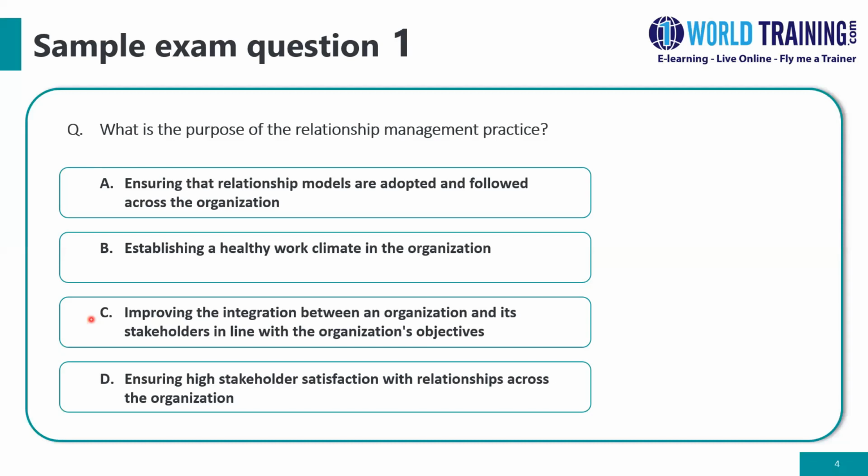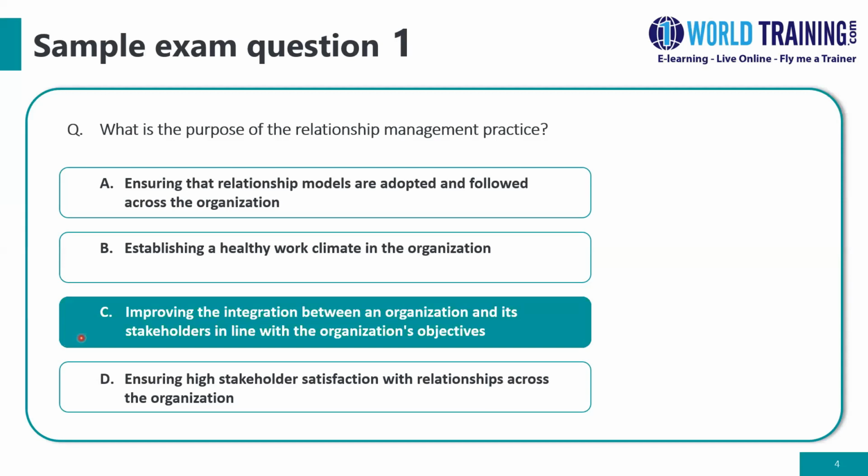And the organization's objectives in this option imply the strategic level of functioning of the organization. Therefore, C would be correct. Option D, this is a metric for the healthy relationships within the organization, that PSF. Therefore, D is also incorrect. Therefore, C would be the correct and best one.